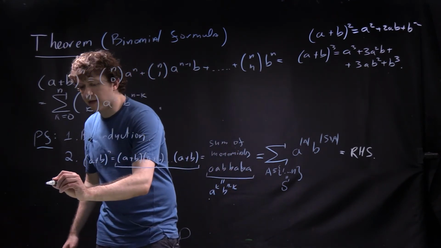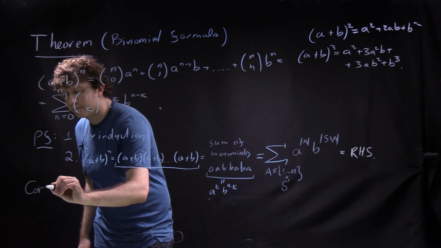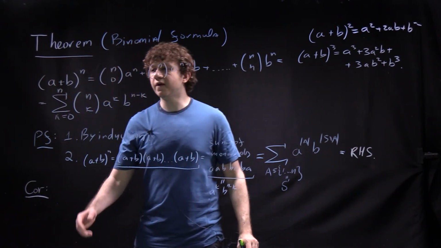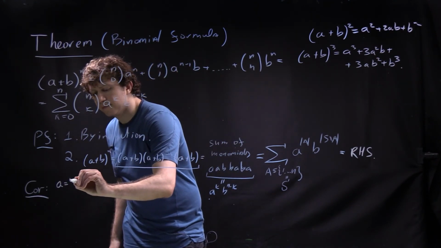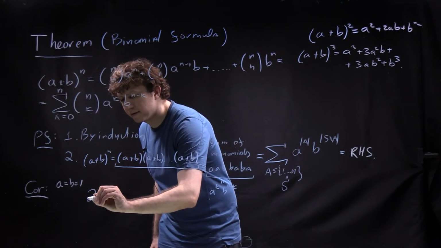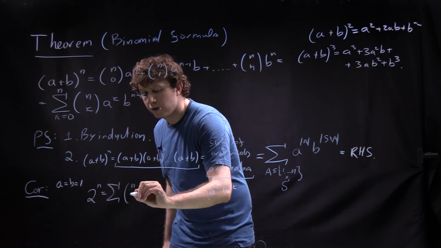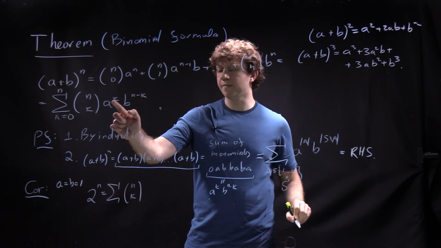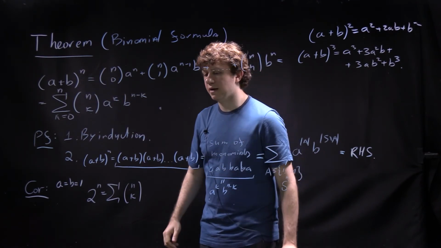And I want to give maybe a corollary. If I now plug in a equal to b equal to 1, I of course see that 2^n equals the sum of binomial coefficients. And that's just because 1 to any power is 1, and (a+b)^n is 2^n.